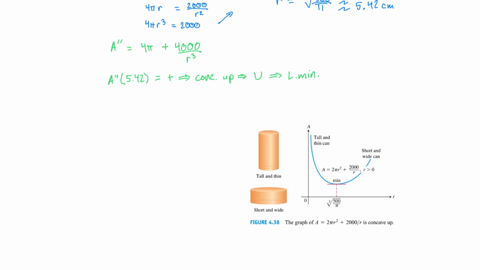What we're going to need to do to find the actual dimensions, we know that h we had found to be 1,000 divided by pi r squared by just rearranging our volume formula.